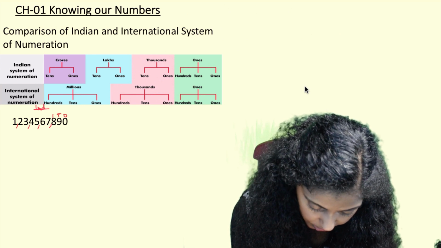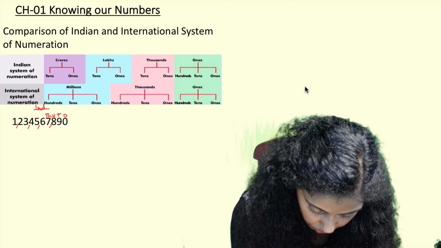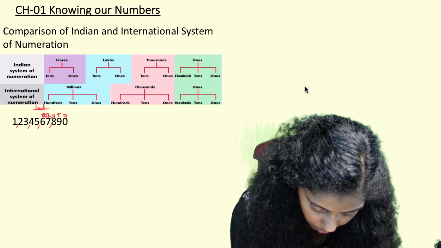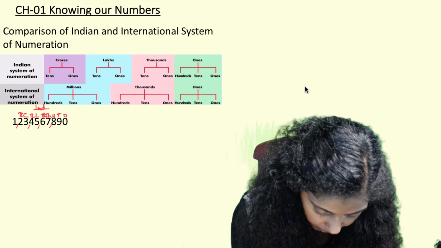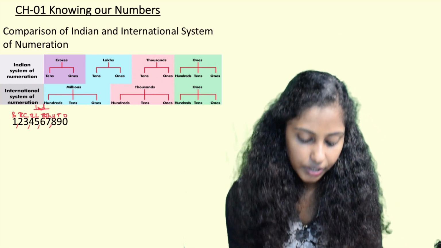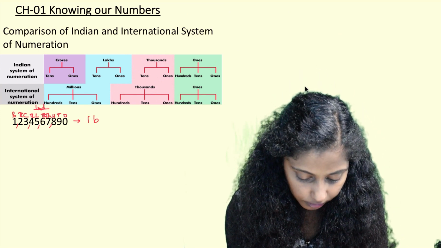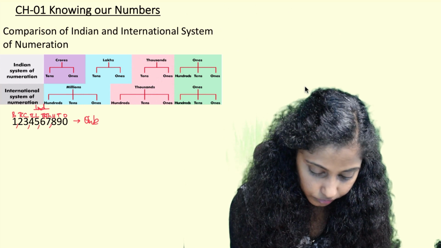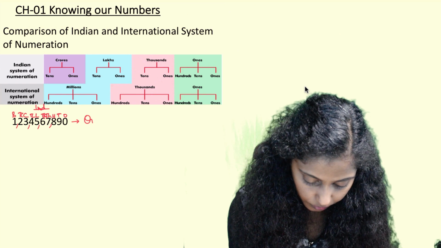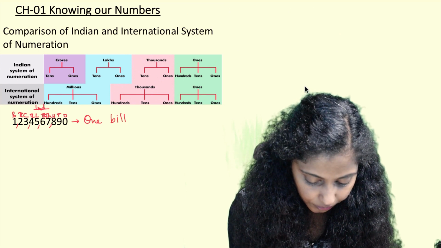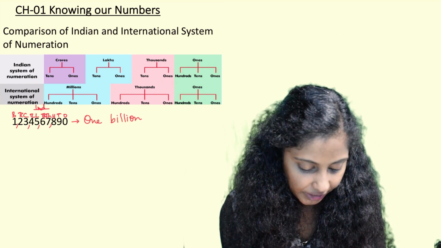So ones, tens, hundreds, 1000, 10,000, lakh, 10 lakh, crore, 10 crore, and after 10 crore we have 100 crore, that is 1 billion.